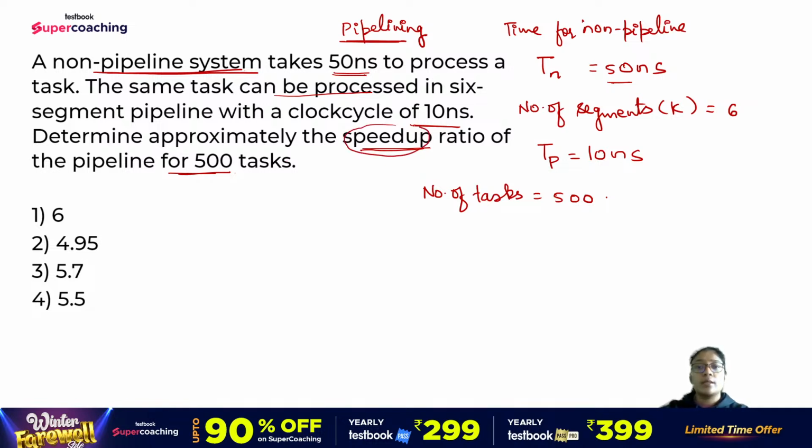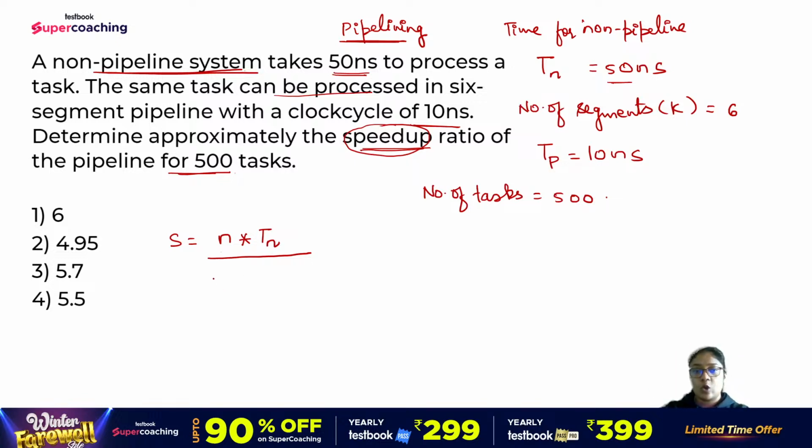Speed up is nothing but the time required in the non-pipeline processor divided by the time required in the pipeline processor. For non-pipeline, it is n tasks, and for each task it is taking 50 nanoseconds. Whereas in pipeline, how many clocks are required? Each clock cycle needs 10 nanoseconds. We have derived the formula for the first output. The first task has to go through all the stages.